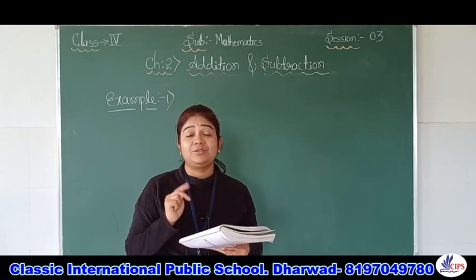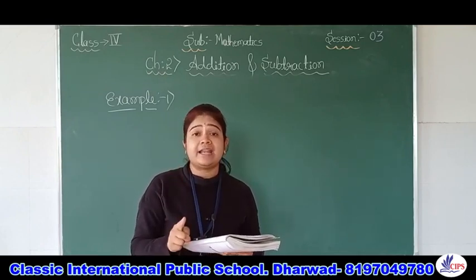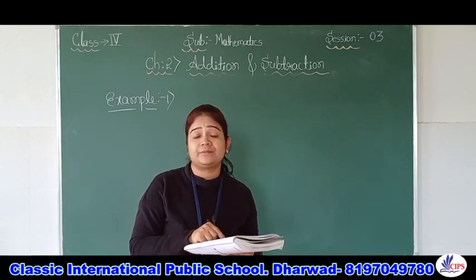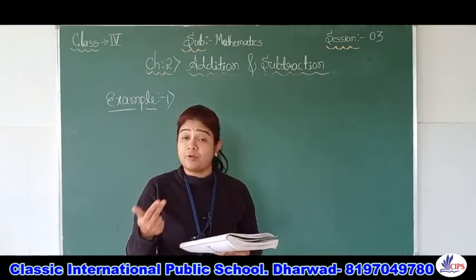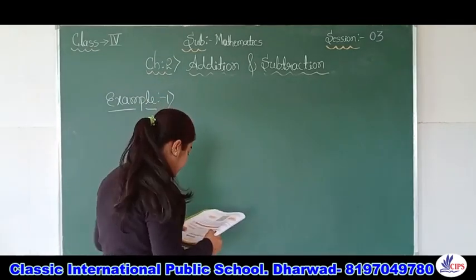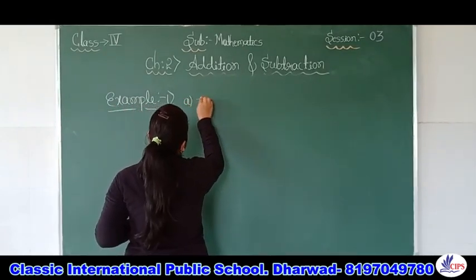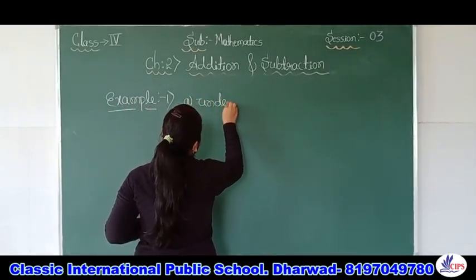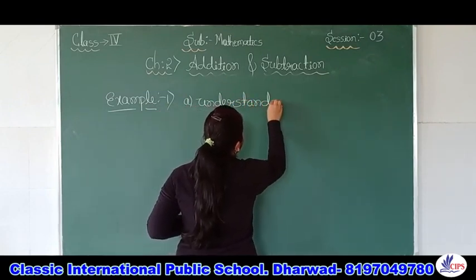Yes, you just think, analyze, and understand that question thoroughly. Then only you can solve the problem very easily. Okay. So, your first step is what? Understanding. What do you have to understand?